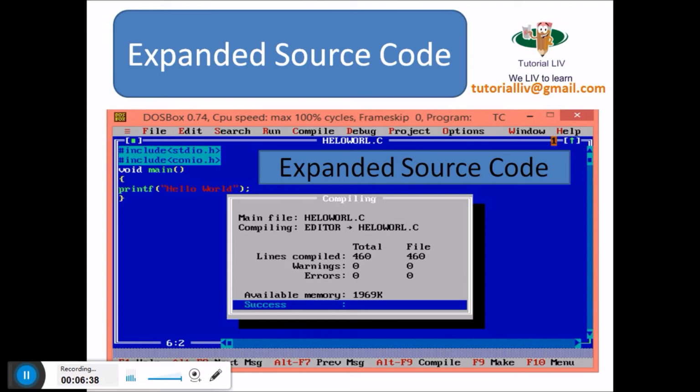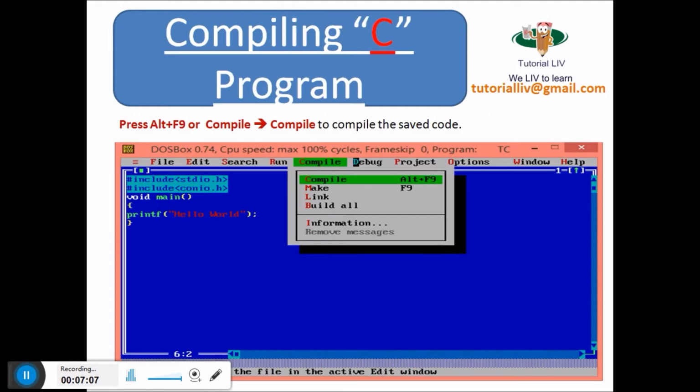So there are mainly two functions that the preprocessor directive hash include performs. It replaces the header files with the actual source code, the actual functions written inside that header file, and it also removes any comments in our source code. So that is all about hash include, the preprocessor directive.